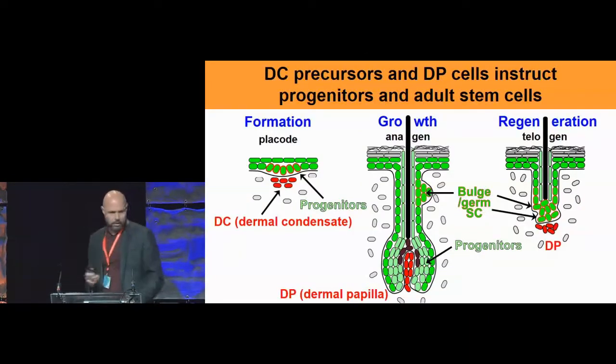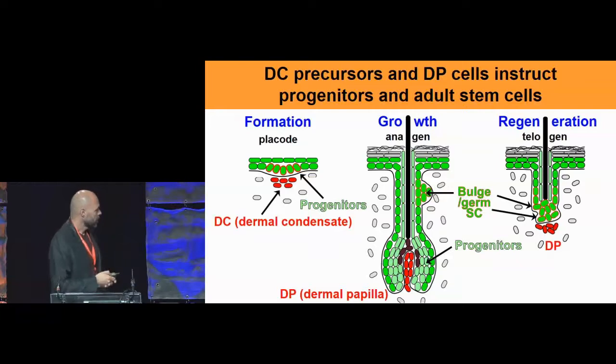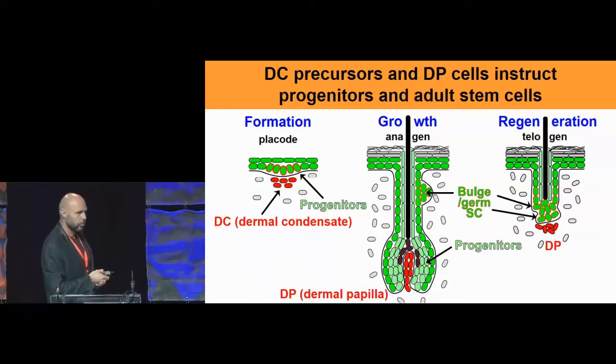So this cartoon shows the three key stages in the life of hair follicles, where we believe that these dermal papilla cells instruct neighboring progenitors in the matrix that controls matrix proliferation, migration upwards, and differentiation into the hair shaft.